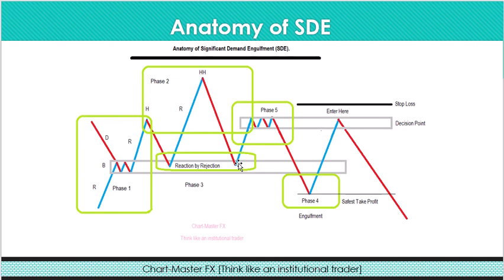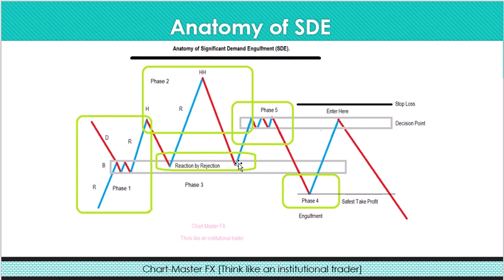Once we have phase number 3, then we go to phase number 4. Phase number 4 is one of the important phases on the anatomy of the SDE, and you are going to see its application and its relevance as we go through other standard operating procedures in this course.